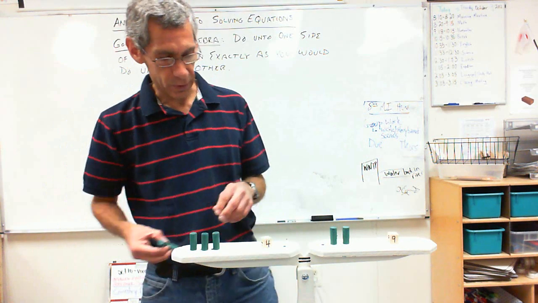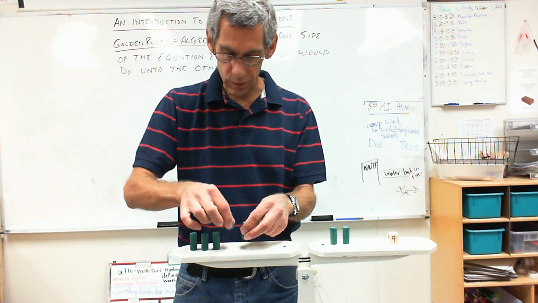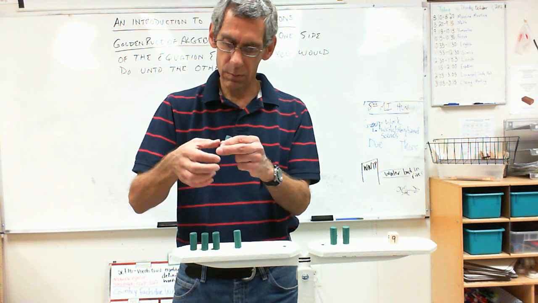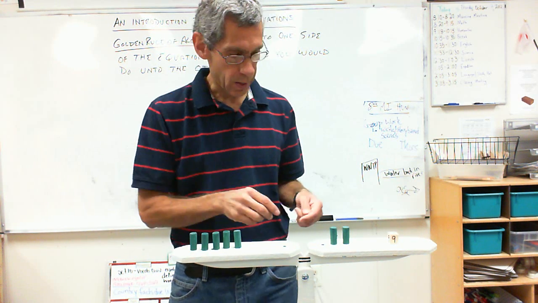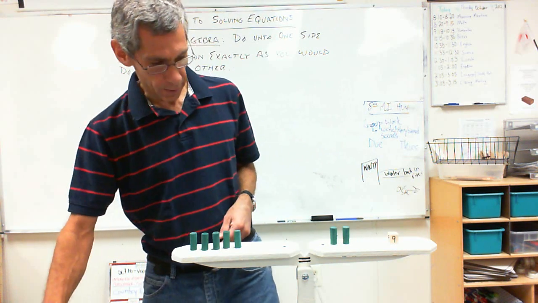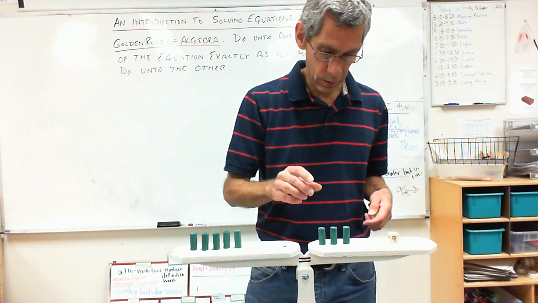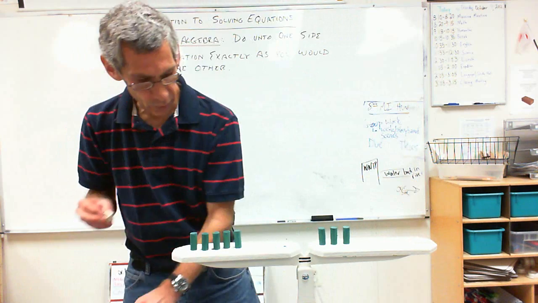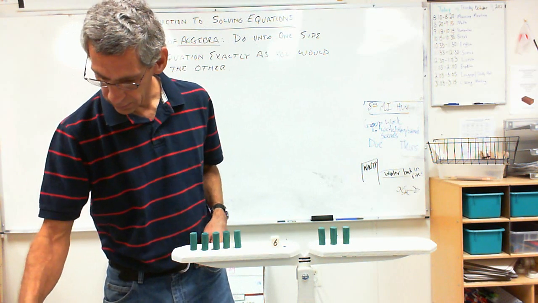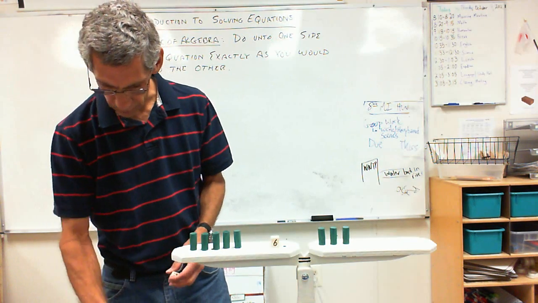So let's do a complex one. Let's do something like this. We'll say 1, 2, 3, 4, 5. We'll do 3 over here, and we'll use different numbers. We'll say plus 6, and we'll say, what did I do with my 10?